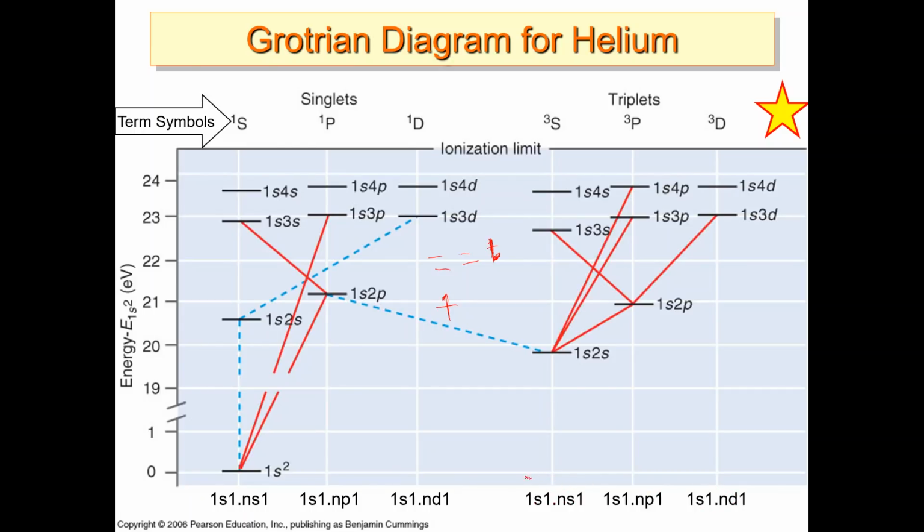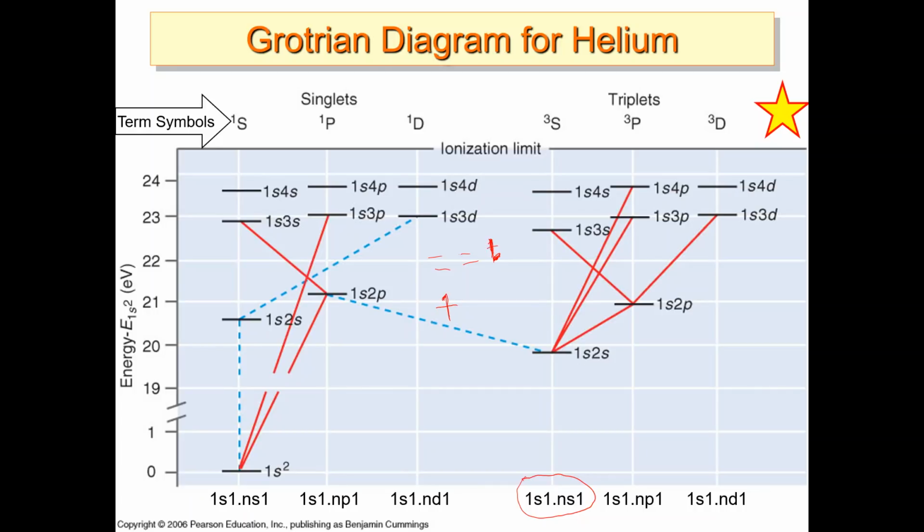Let's just pick this one right here, 1s1 ns1. It's sort of a generic electron configuration for that whole column. And you're looking at that column and you realize that column is a triplet column, so you know that the electrons are unpaired in that whole column. One's in the 1s and the other electron is in the 2 or 3 or 4 or 5s.